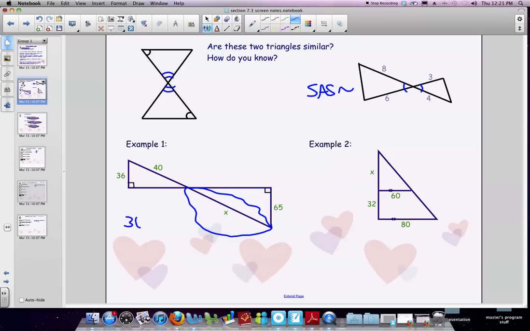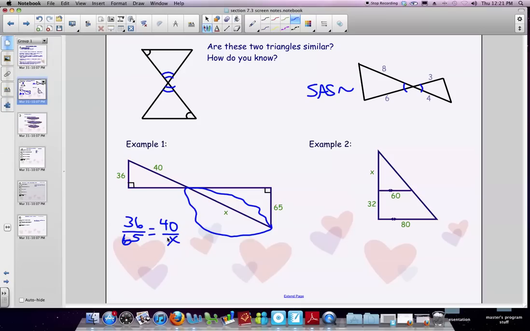So the ratio of 36 over 65 would have to be the same as the ratio of 40 over x. Okay? So you can cross multiply and set up this proportion, and you would cross multiply to solve.